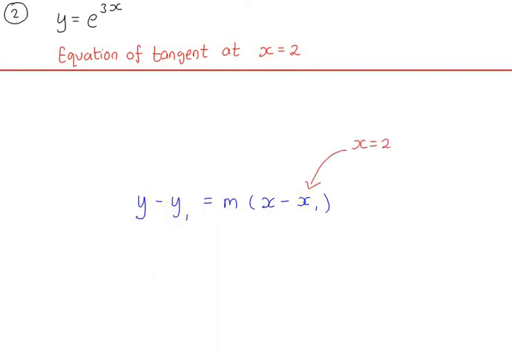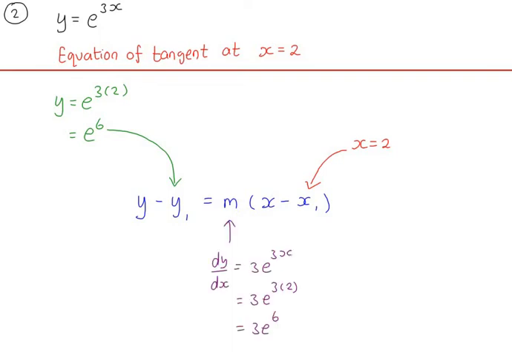The x-coordinate is 2. To get the y-coordinate, we use the equation y is equal to. We put the value x equals 2 into this here. So e to the power of 6 in its exact form will be the y-coordinate. In most problems, we're looking for the exact values and not rounded values.